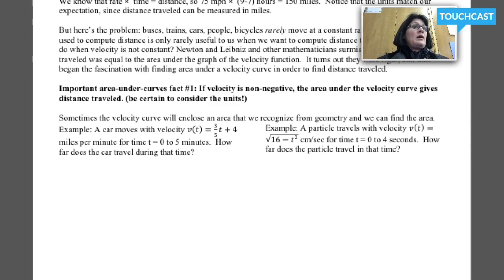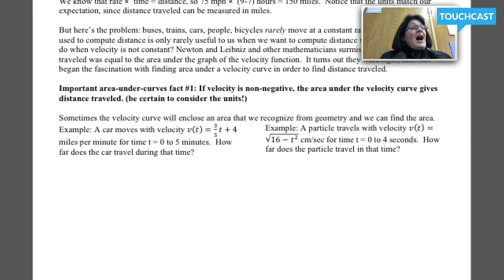Okay, so that's great. We know that. And now we have this new tool that we can use. I always could, back since 4th grade, find distance traveled when velocity was constant, because I've used that formula, right? It turns out I was finding the area of a rectangle because I had a constant velocity and I just had to pick the time limit. So that's why that was so easy.